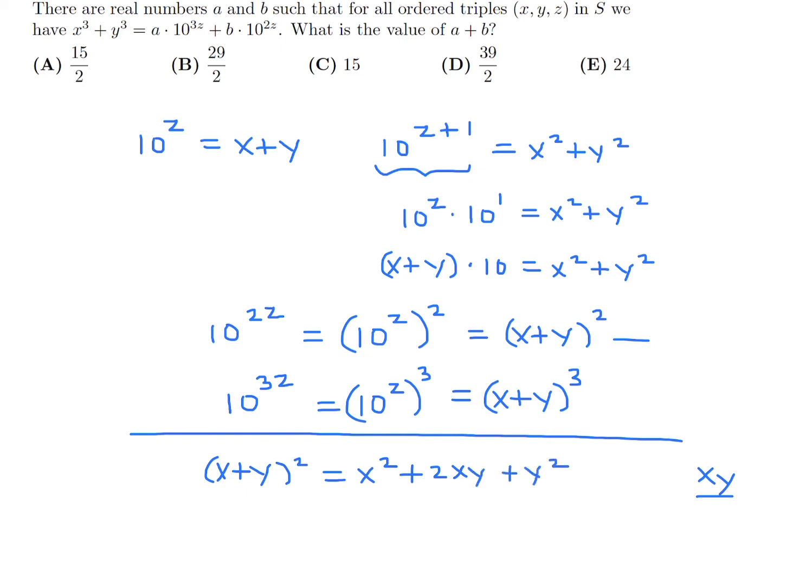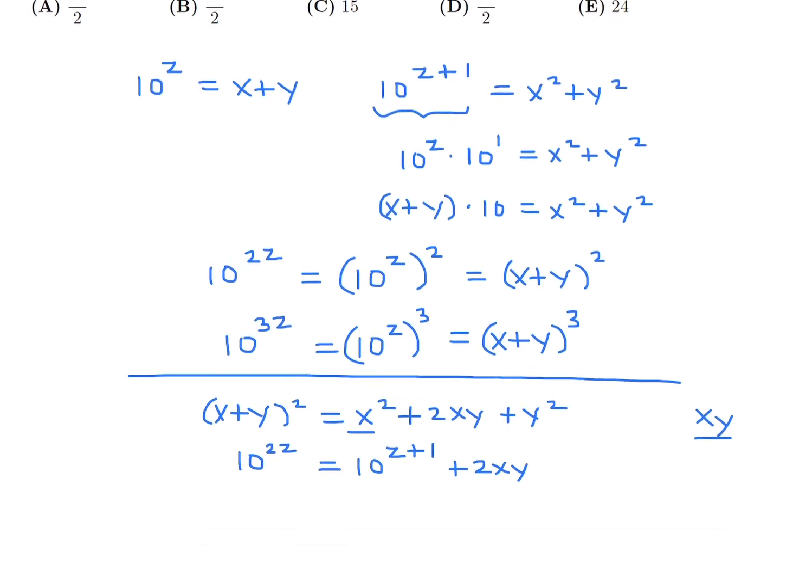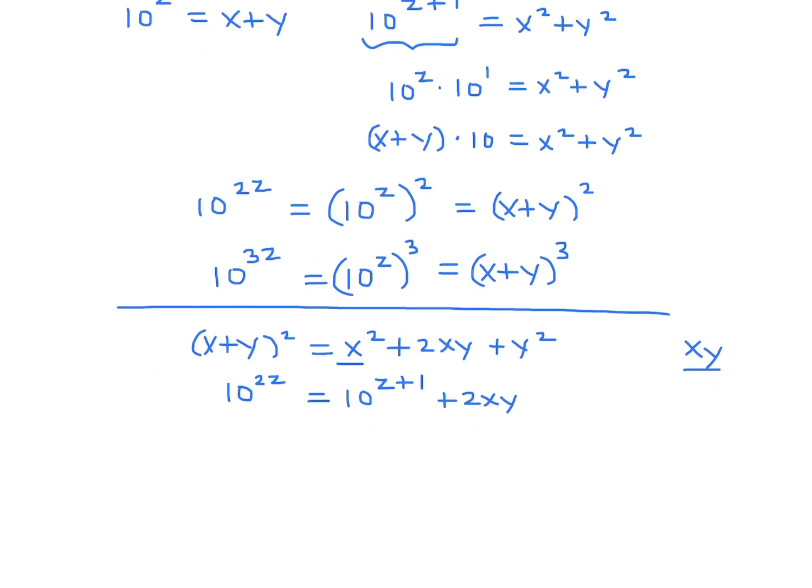But x plus y squared, we know, is 10 to the 2z. And x squared plus y squared, this right here, is 10 to the z plus 1, and that leaves me with a 2xy. So we've got 10 to the power of 2z minus 10 to the power of z plus 1, all divided by 2, is equal to xy.